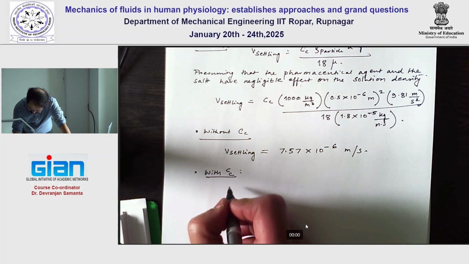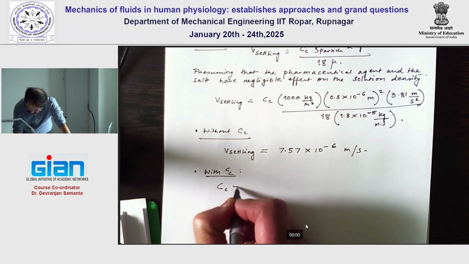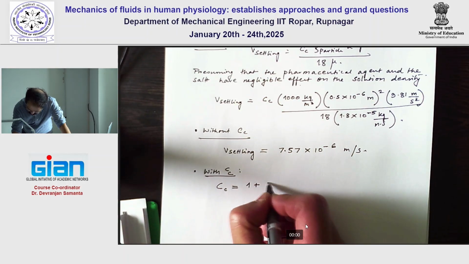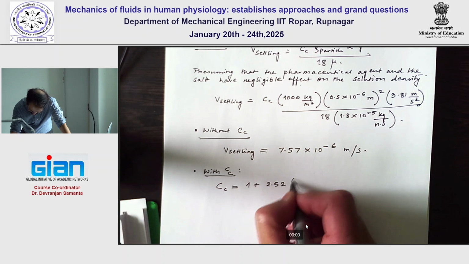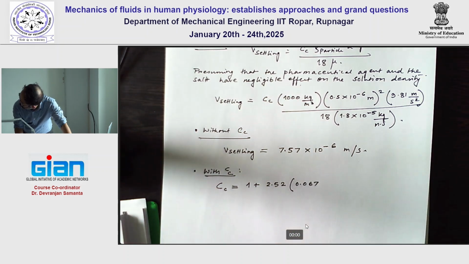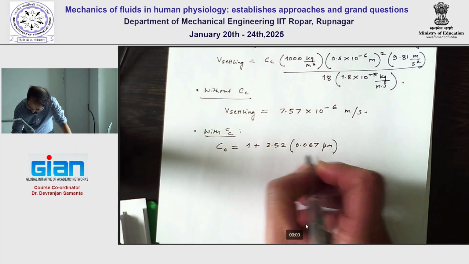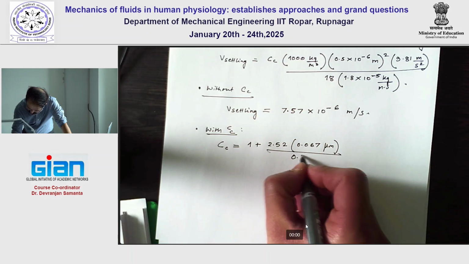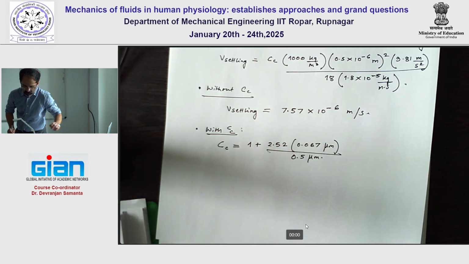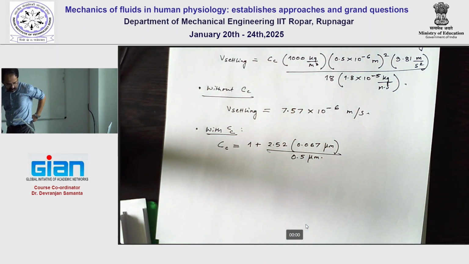so the Cc correction here is 1 plus 2.52 times 0.067 micrometer divided by d, which is 0.5 micrometer. So how much is this? 1.01.